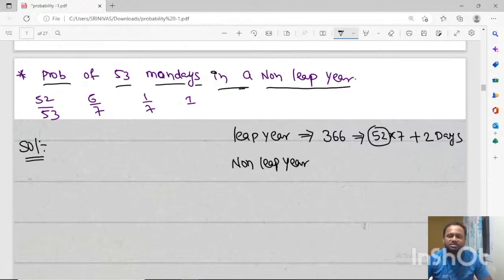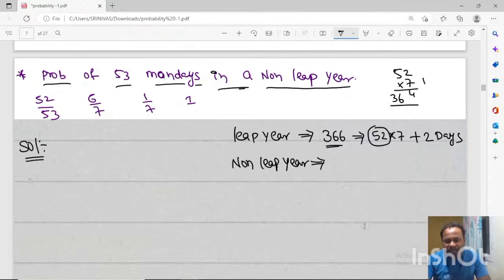This is the concept. In a leap year, 366 days. That means 52 into 7 is 364. 364 plus 2 is 366 days.